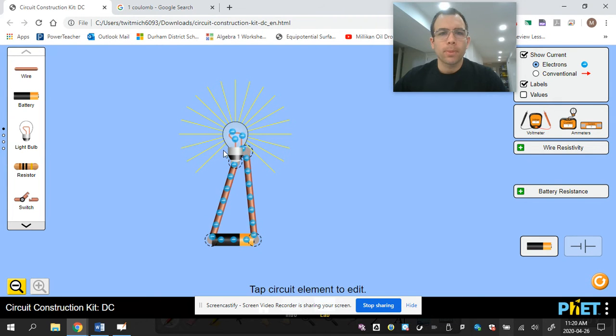Okay, so we have this light bulb, and electrons are flowing through there. Why are we getting light? Well, you can see a little wire inside the light bulb here. If you compare the wire here to the wire inside the light bulb, the wire inside the light bulb is extremely small.